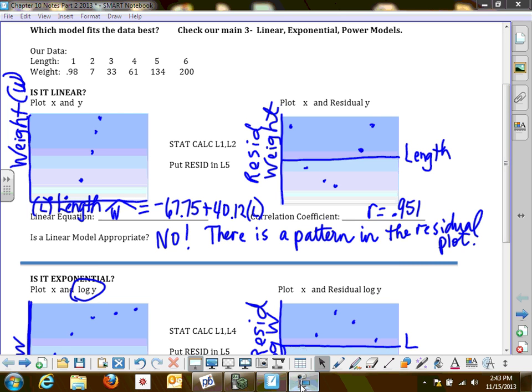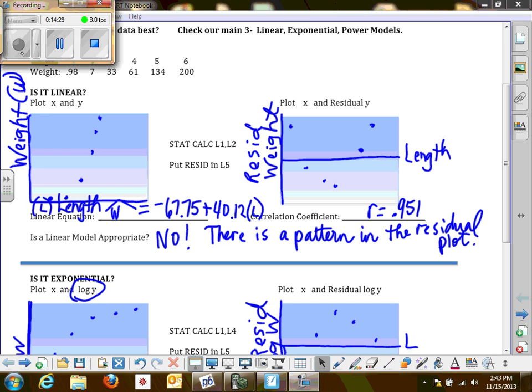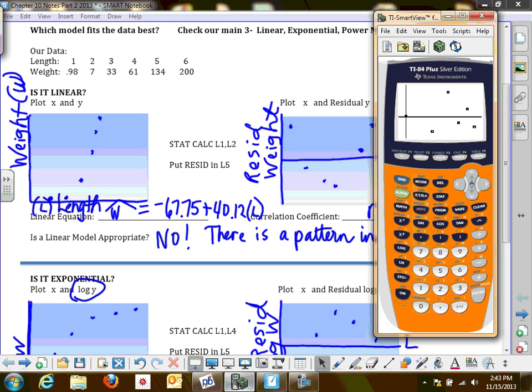Ah, you think the original one, the L1, L2? So I have this data still in my calculator. Okay. Actually, let's go to the y equals. Here I have that equation that you just found, that power model equation. 0.977 times x to the 3.02.